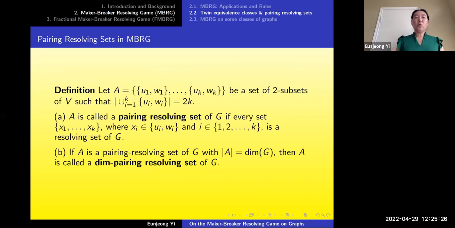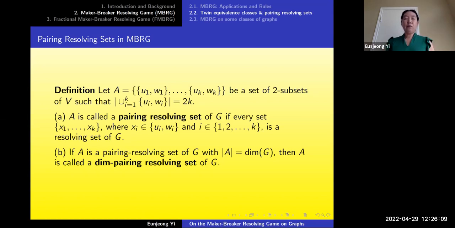A set S consists of a set of 2-subsets, {u1, w1}, {u2, w2}, up to {uk, wk}, all of them distinct, so that their union has size 2k. This set is called a pairing resolving set of a graph G if every set {x1, ..., xk}, where xi is either ui or wi for each i, is a resolving set of graph G. So whether the resolver played first or second, whenever the spoiler picks, say, u1, the resolver is guaranteed to pick w1, because you're alternately doing things.